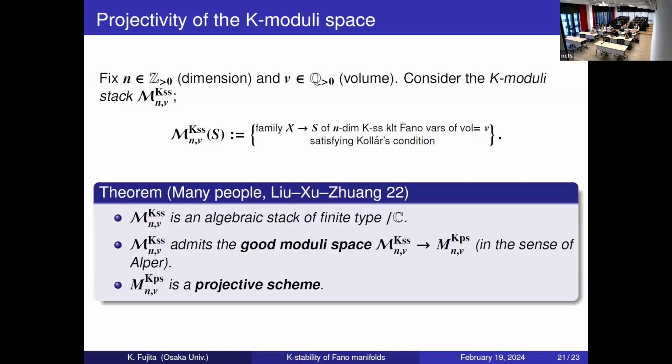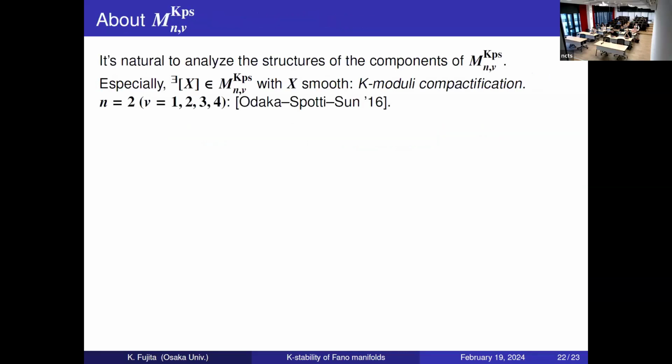So the next step after this is, what's the structure of this? It's natural to analyze the structure of the components, irreducible or connected components, especially the component containing a smooth guy.